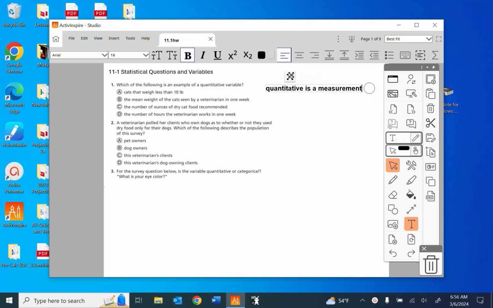Like height. We're not using descriptive things like tall or short, but like 6 foot 2 inches, or temperature, like 73 degrees. Quantitative is about a quantity, and the key word there is quantity.